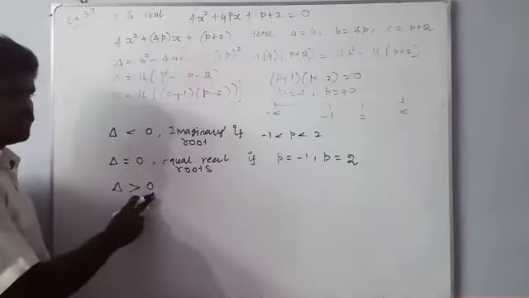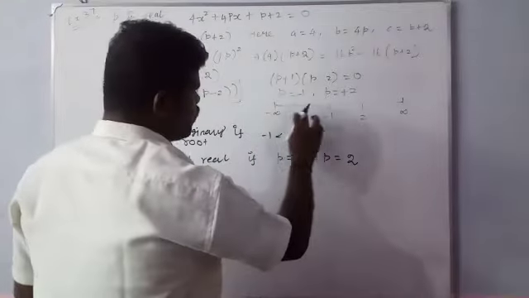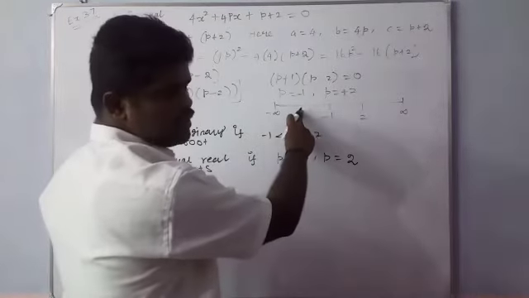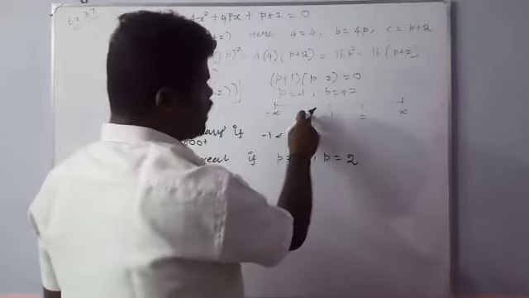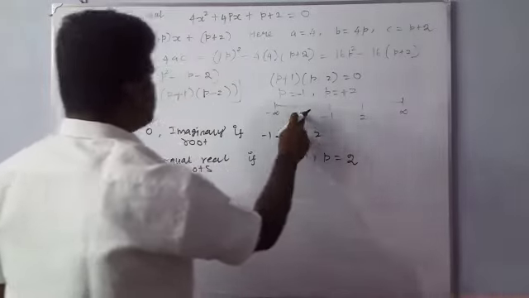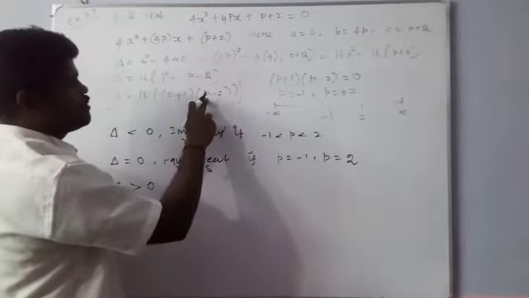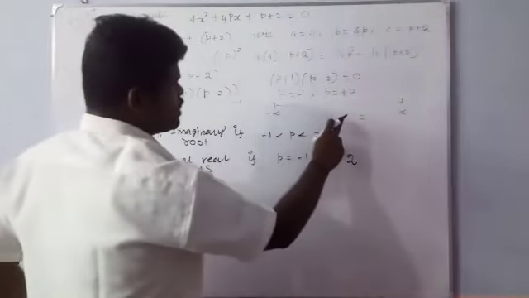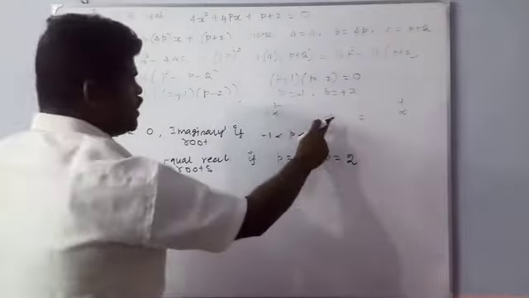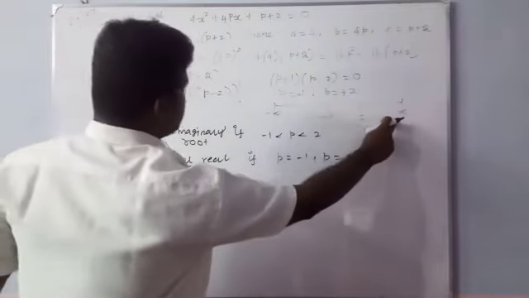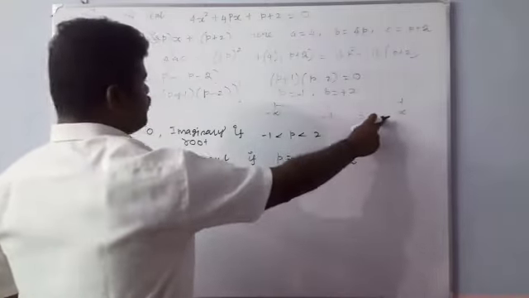But for the delta greater than 0 condition, we have to take this interval, minus 1 to 2. Suppose we give a value between, say 3, the value must be 3.